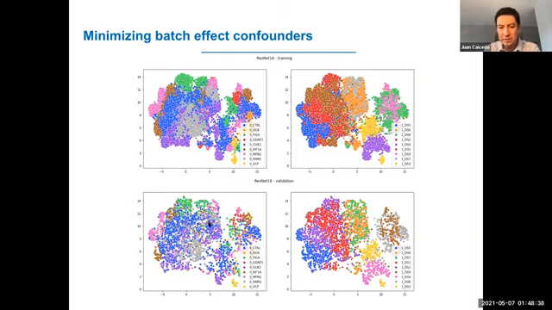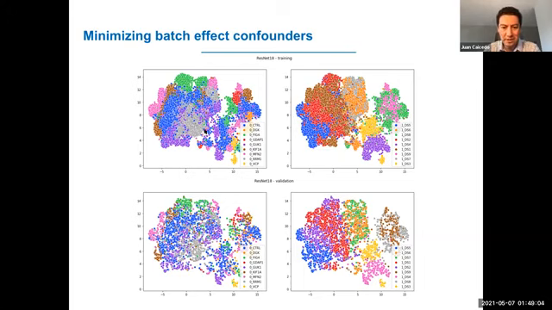correct batch effects. In this case, the top row has neural network learning features without batch correction, and the column on the right is indicating the batches, whereas the column on the left is indicating information without batch correction.